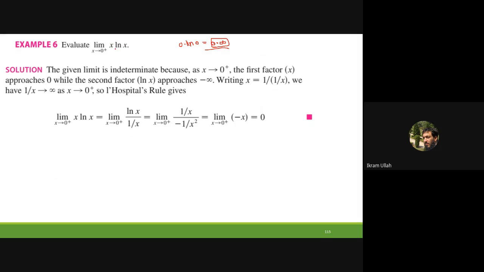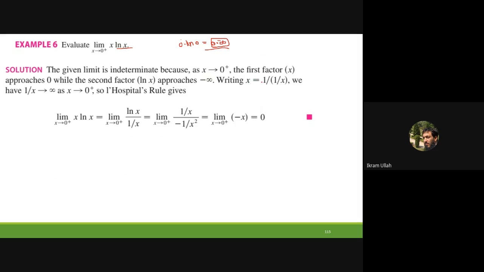This is the product of two functions, which are a polynomial and a logarithmic function. So we convert this product into a quotient of these functions. You can see the given limit is indeterminate, because as x approaches 0, the first factor x approaches 0, while the second factor ln of x approaches minus infinity.